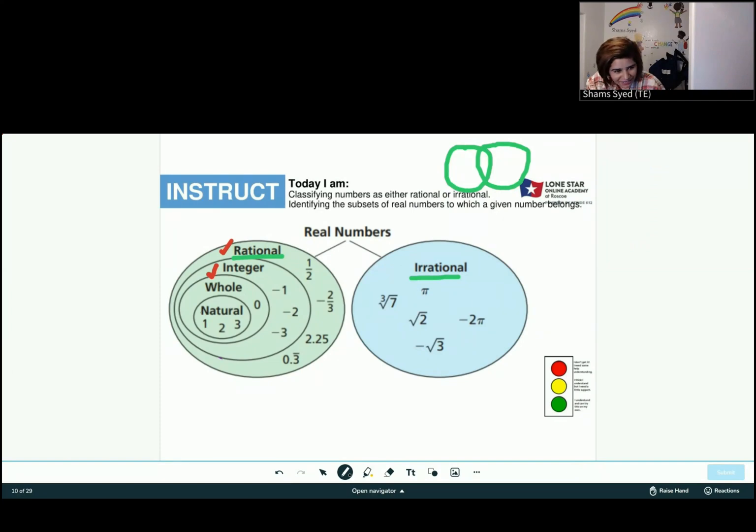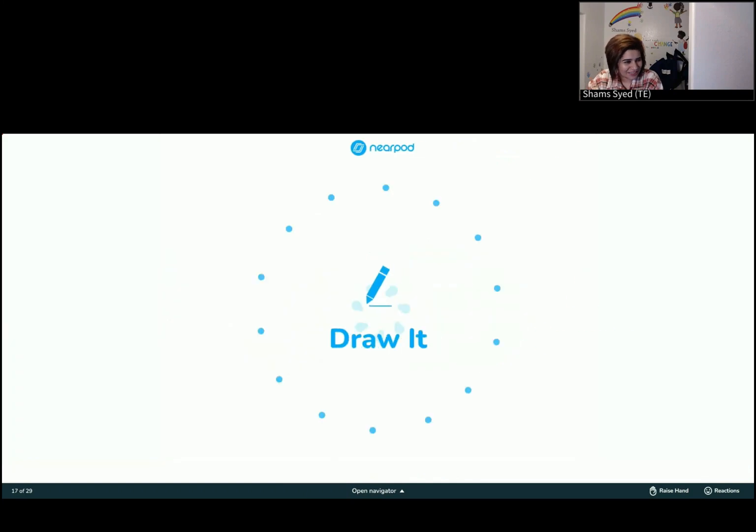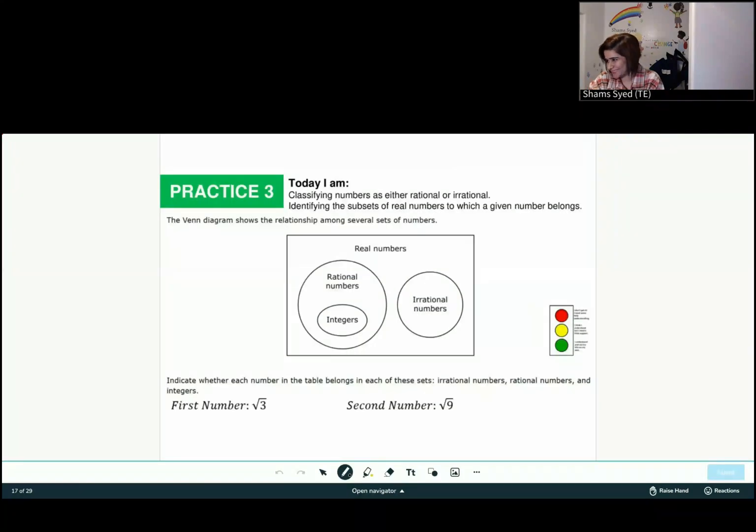Let's go ahead and move on to the next question. I want to see how you guys do on this. My first number is square root of 3. My second number is square root of 9. Where will the numbers go?